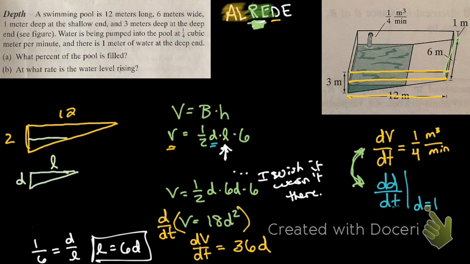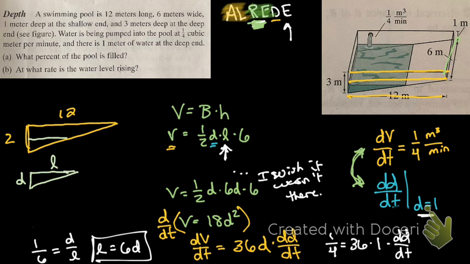And then times dD/dt, the thing I'm interested in. So now if you look, it's really just a matter of plugging in what we know. I know that 1/4, because that's dV/dt, equals 36 times D, which the moment I'm interested in, right, we're moving on to this evaluate stage, so I can use that freeze frame, is 1 multiplied by dD/dt.